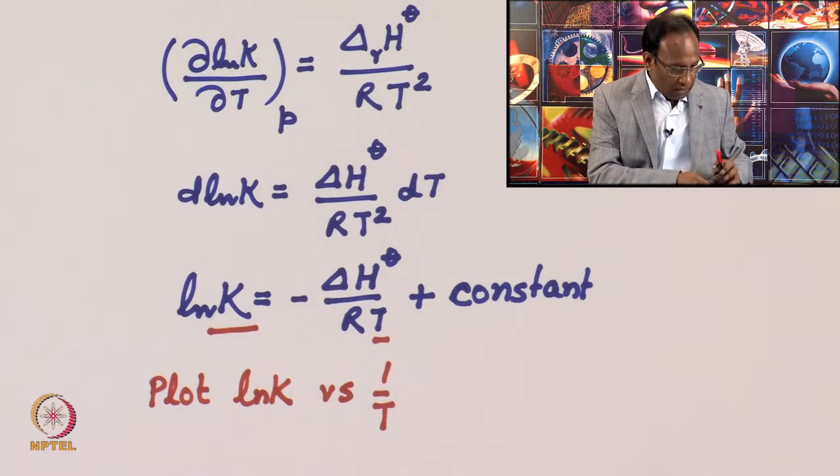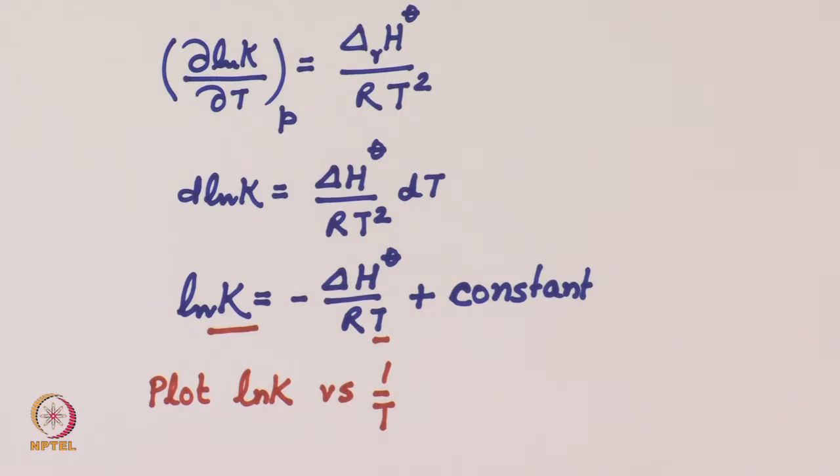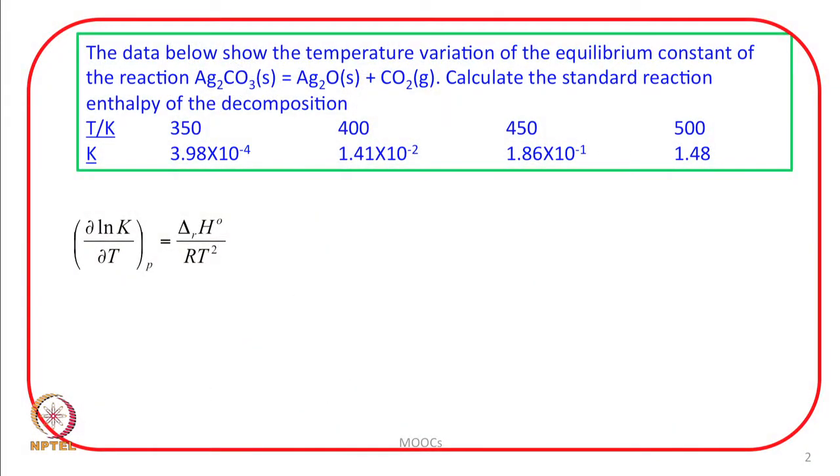Now, let us go to the slide and recognize the significance, importance of this very important equation, van't Hoff equation. And as I just discussed, an integrated form of this van't Hoff equation can be written as log K is equal to minus delta H naught by RT plus a constant.